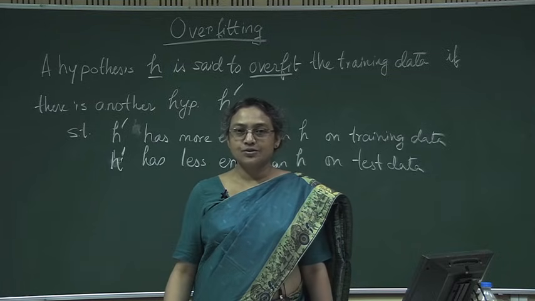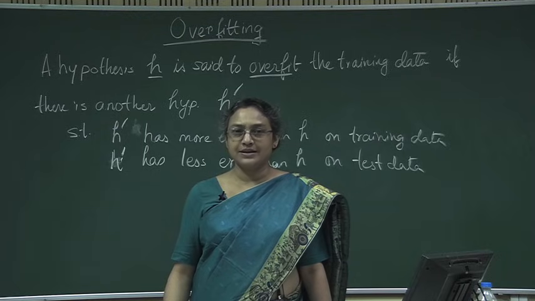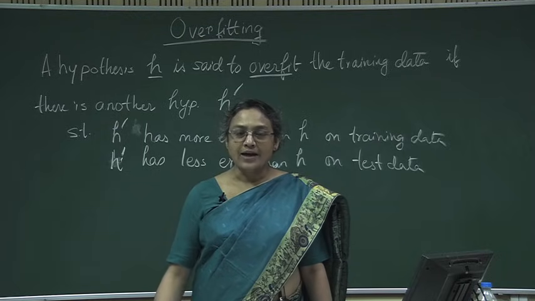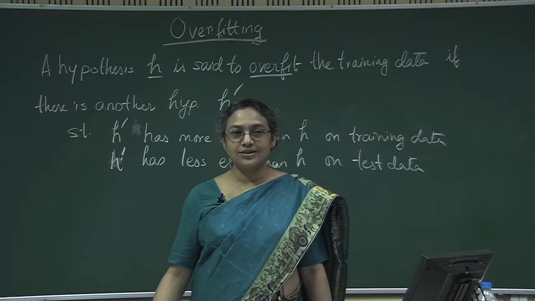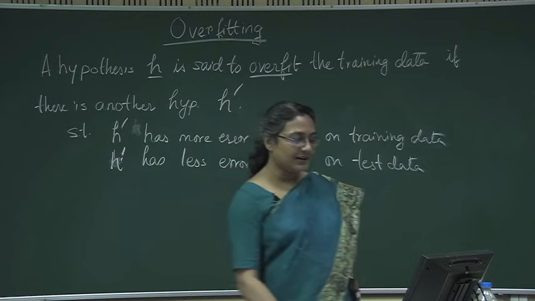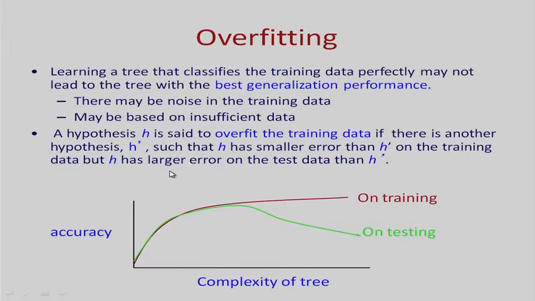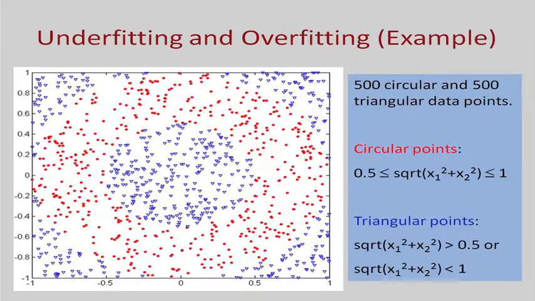A second reason could be that you have too few training examples and you are trying to accommodate the errors in the training examples, and you do badly on the test set. This is why overfitting can occur in decision trees.